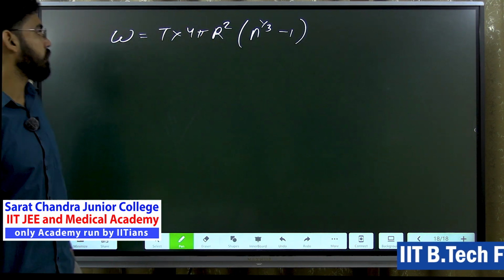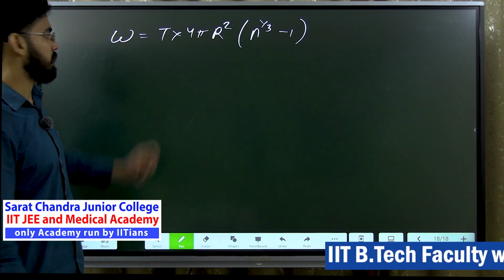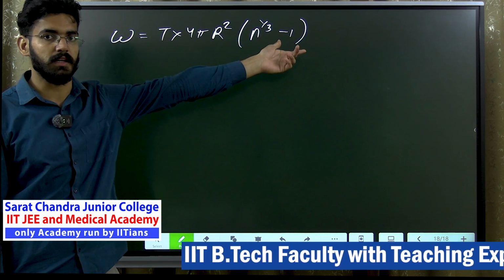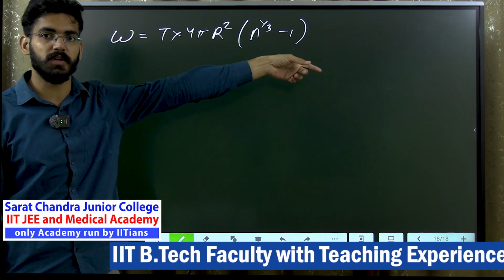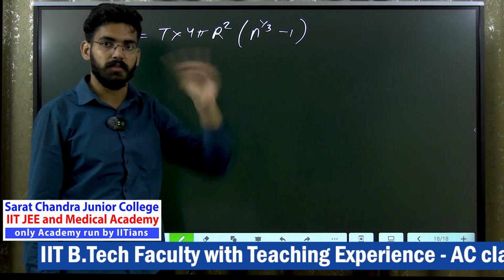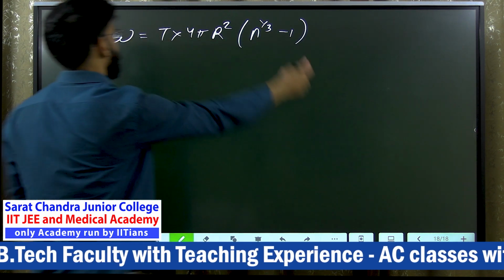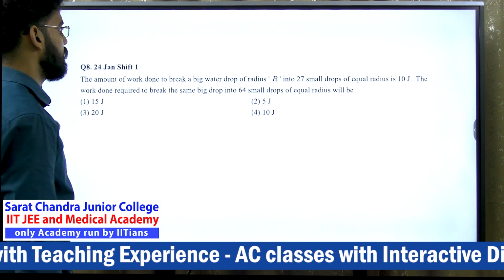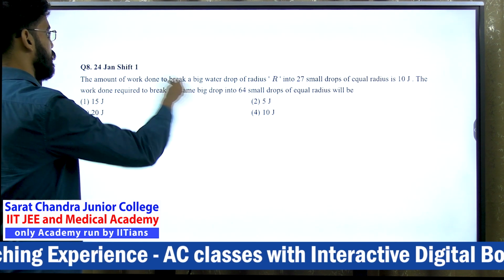Okay. How did we calculate this value? Surface tension into final total surface area minus initial total surface area. And how did the relation between the radii come? By equating the volume. Okay. So from there we got this formula, right? Now in the first part he is saying this value is 10 joule, when there are 27 droplets.